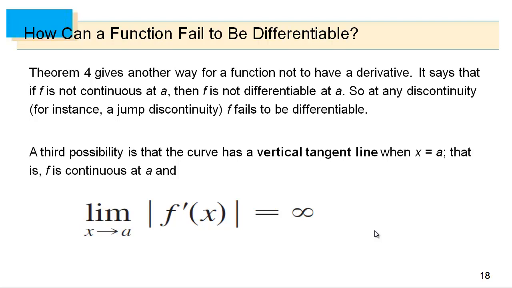It says that if f is not continuous at a, then f is not differentiable at a. So at any discontinuity, for instance, if you have a jump discontinuity or if you have a vertical asymptote, so you have a discontinuity that way, then the derivative doesn't exist.